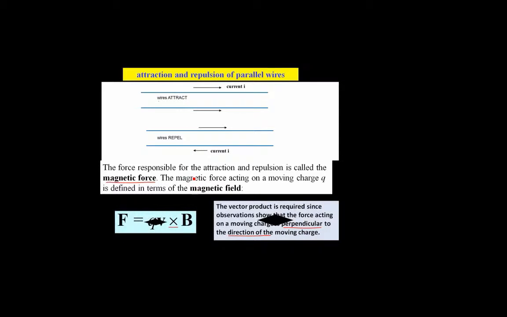So the magnetic force acting on a moving charge is defined in terms of the magnetic field. And the equation for that force is this one right here. This is the charge that's moving in the magnetic field. This is the velocity of that charge. And of course this is the magnetic field.